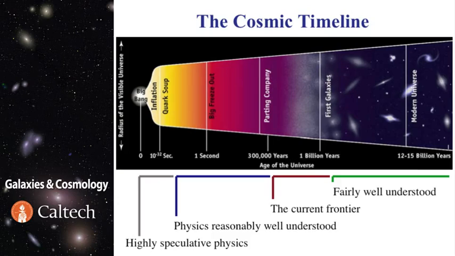Obviously, the deeper in the past we push on this logarithmic scale, the less we understand. But it's actually impressive that we can really address what happened in the universe when we say nanoseconds old with reasonably good accuracy.